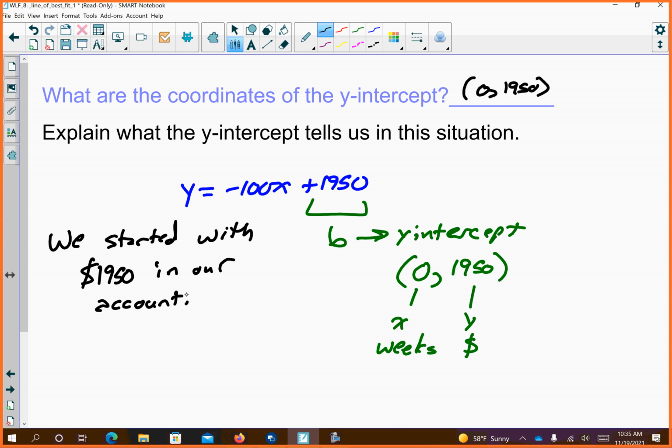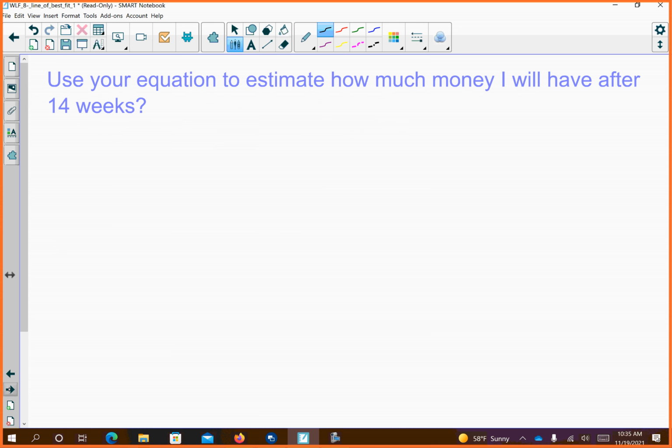We are able to do something called extrapolation, going outside of our data, to figure out that, if we truly kept the same rate of change in spending each week, we started with $1,950. Seem all right? Okay, so that's what the y-intercept means in context.